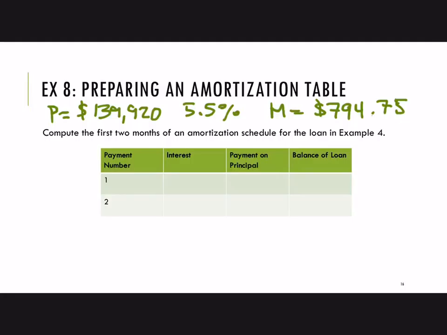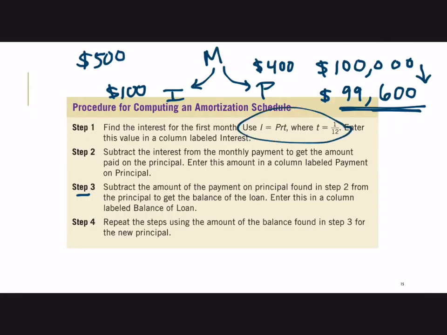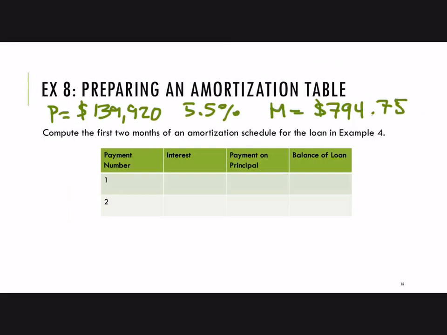For payment number 1, the amount that goes towards interest, we need to use the formula that was given here, I equals PRT. It's a simple interest formula where T is 1/12, since it's just 1 month out of the year.